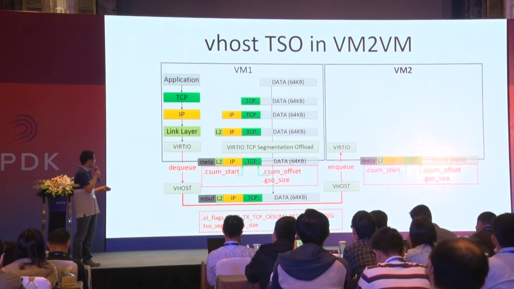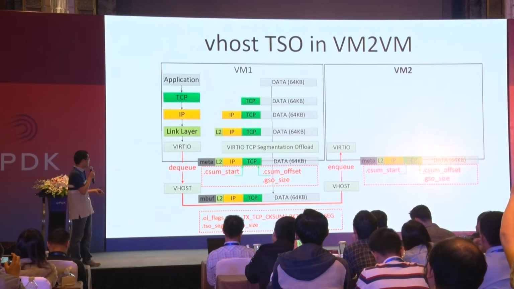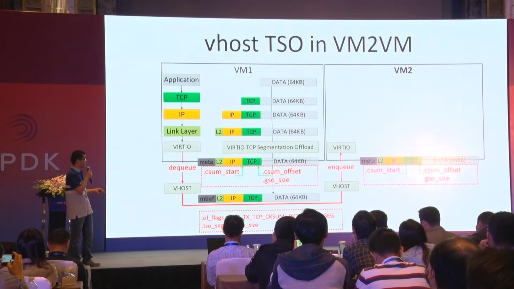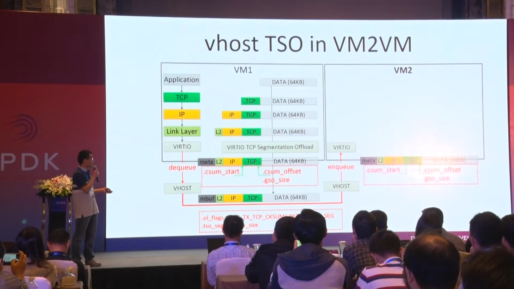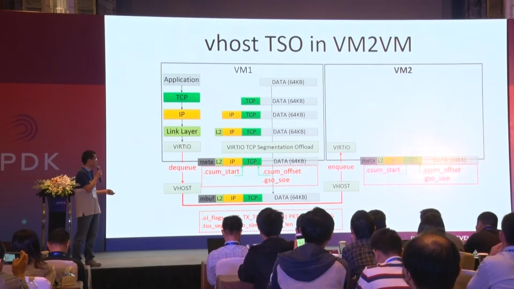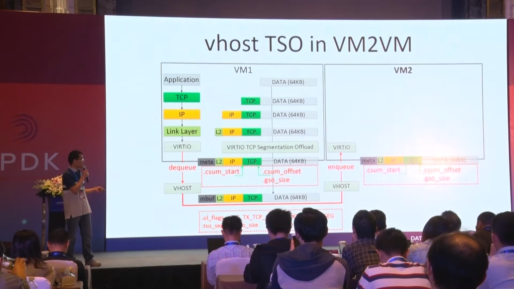It's just like the previous process. In the Vhost, in the host buffer, it marks the need for slicing. And then, if the host buffer has the destination of another VM, this need will be recognized in the queue. There's no need for slicing.